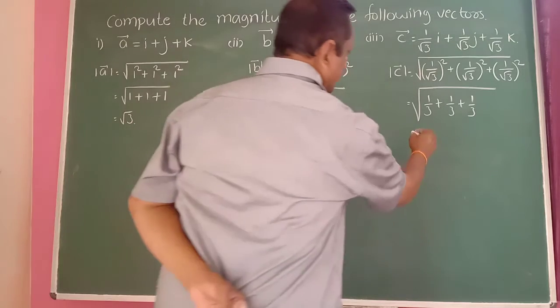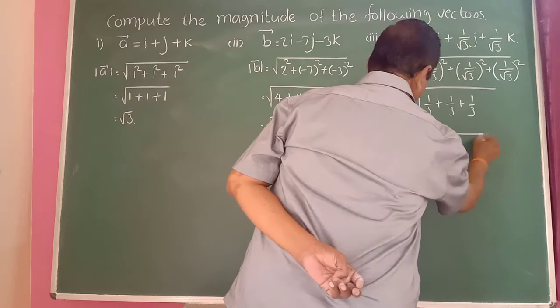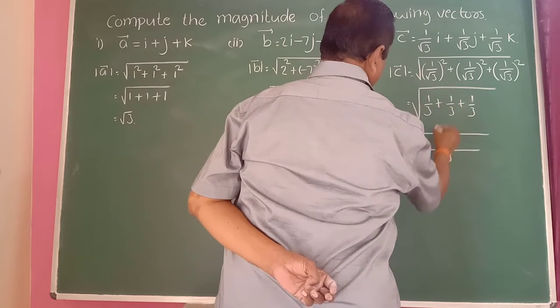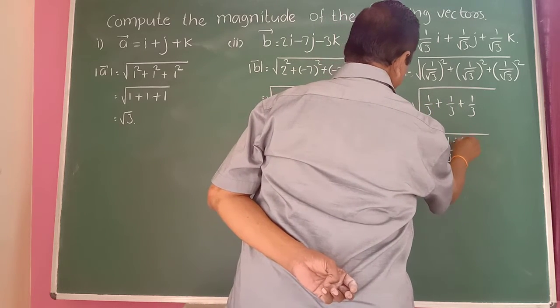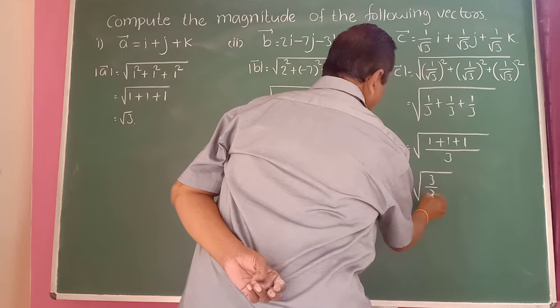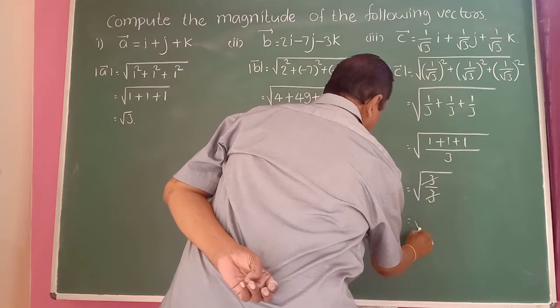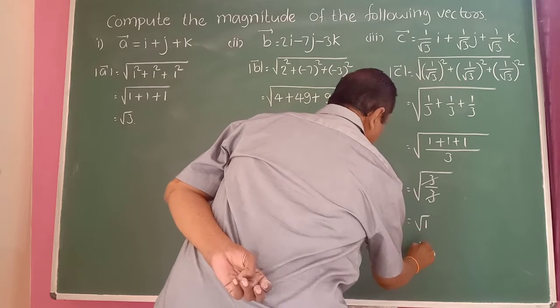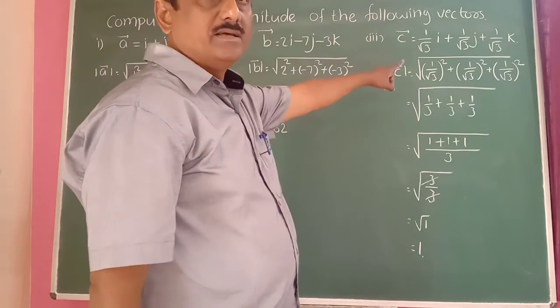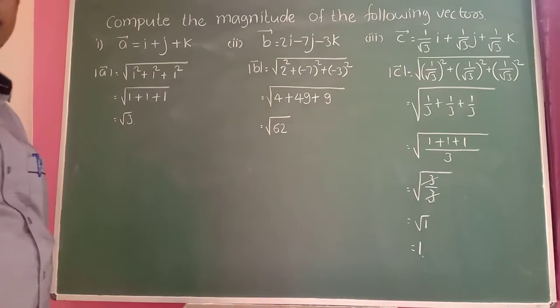Then 3 is the LCM, so write 3 in the denominator, and add the numerators, 1 plus 1 plus 1. It gives the root of 3 divided by 3. 3 and 3 cancel, so the square root of 1 is 1. So this is the magnitude of the third vector.